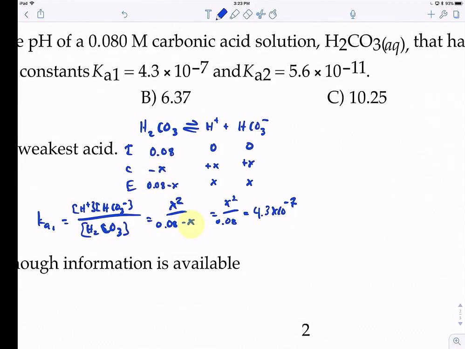So let's go ahead and calculate this one out. x equals the square root of 0.08 times 4.3 times 10 to the minus 7.